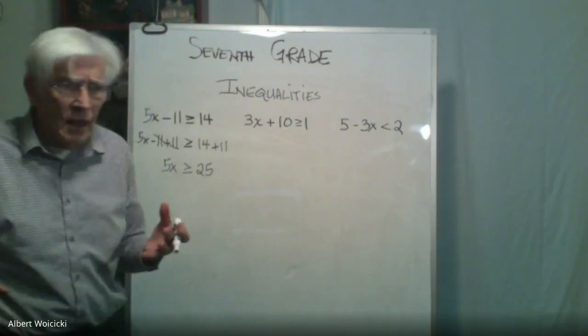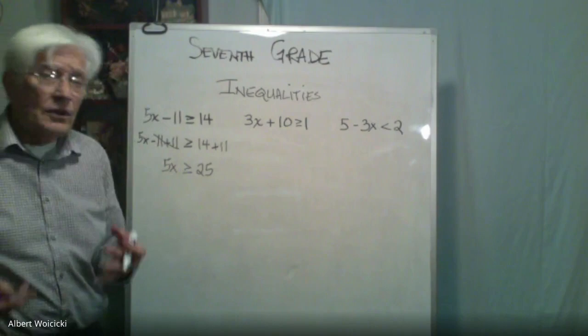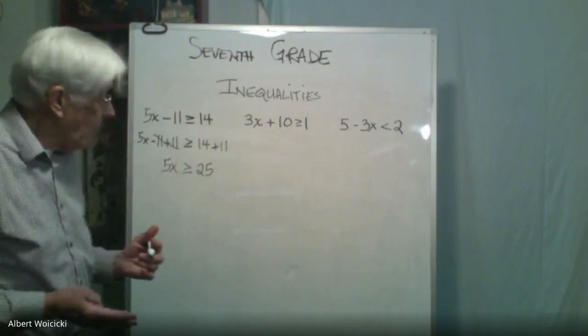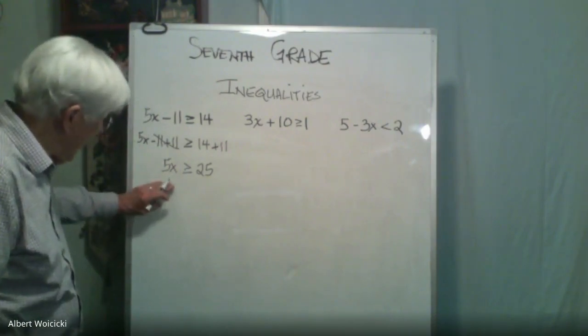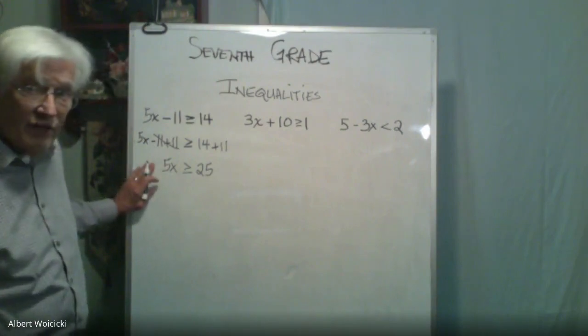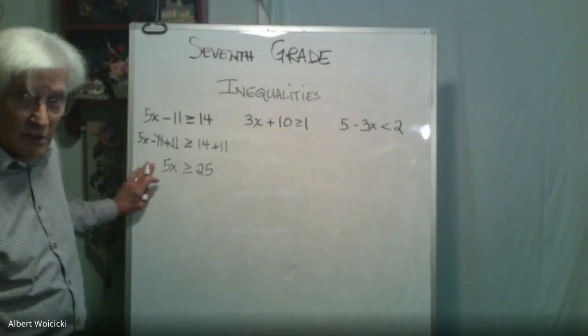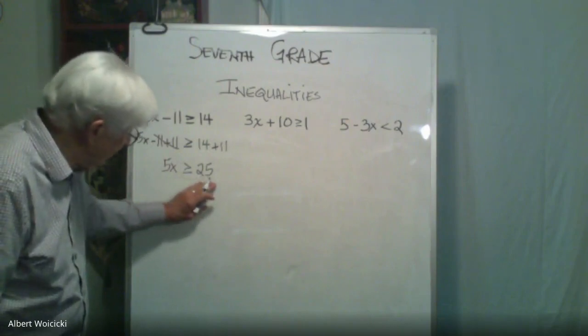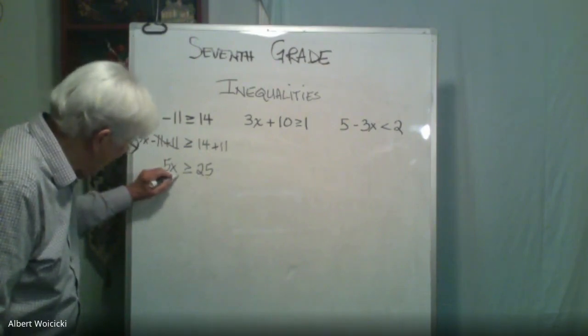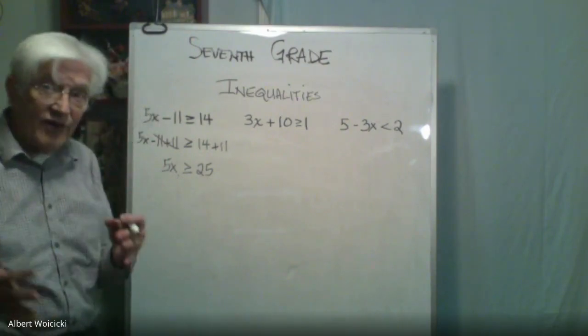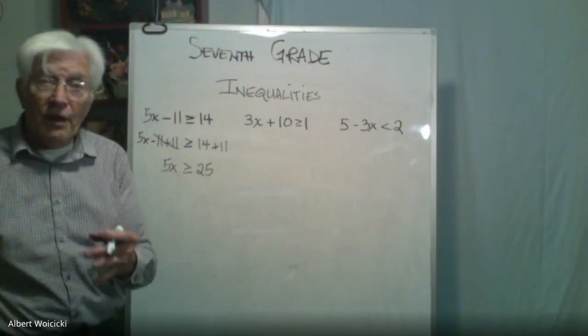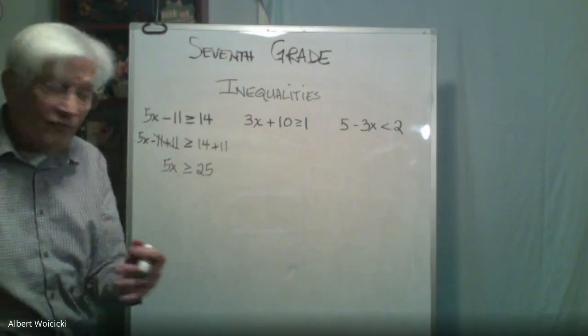Now we get down to this point, just like you've done in an equation. Are we going to do anything different? We have 5x, and the 5 is positive, is greater than or equal to 25. Now, I have to either divide by 5 on both sides or multiply by its reciprocal 1/5.